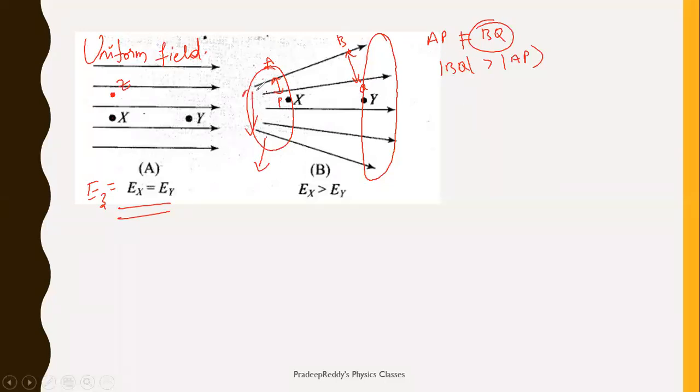Now let me take this area as 1 centimeter square, and this area I can take as 2 centimeter square. The same 5 field lines are extended in 2 centimeter square here, and here it is in 1 centimeter square. So here there is more density of the field lines. Therefore, clearly the magnitude of field at position X will be greater than the magnitude of field at position Y.